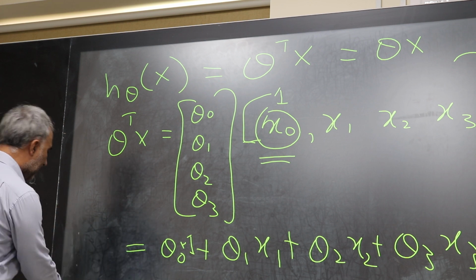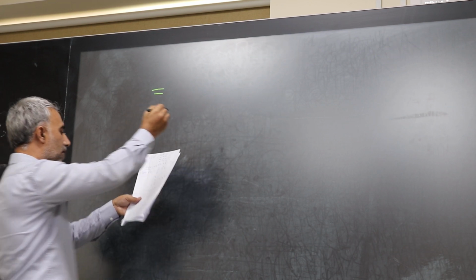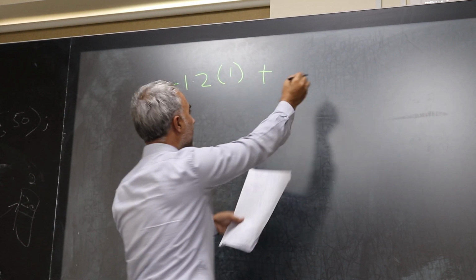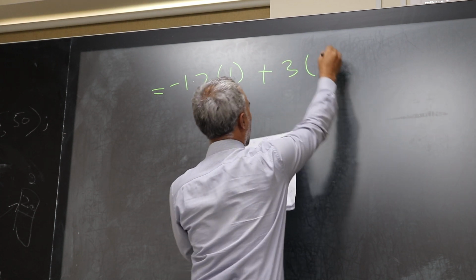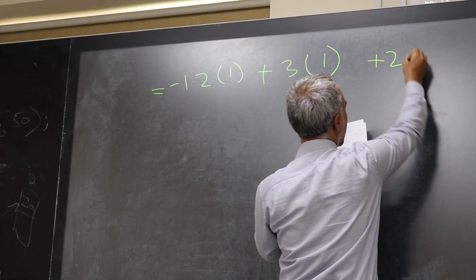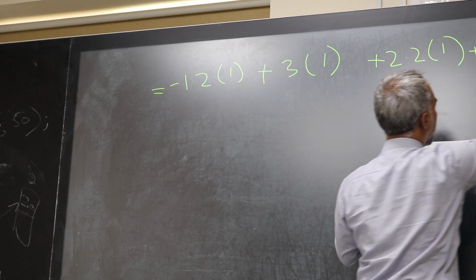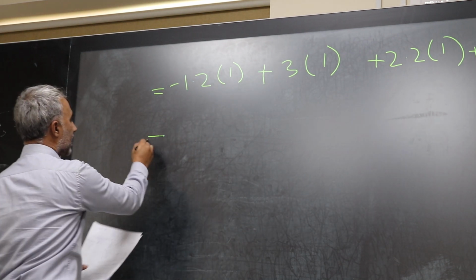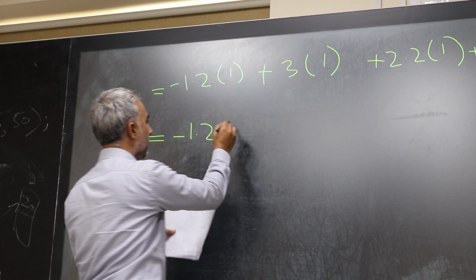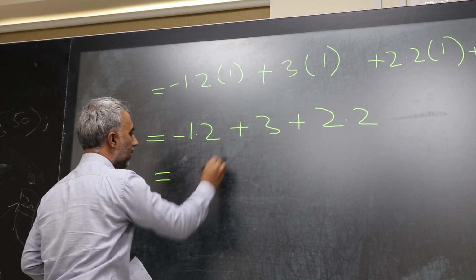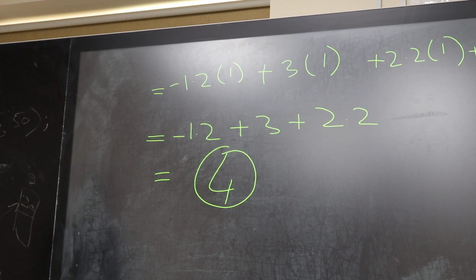If I substitute the values, we get minus 1.2 plus 3 plus 2.2 plus 1.4, and this comes to 4. Now this is the score. Basically, it's a linear predictor.